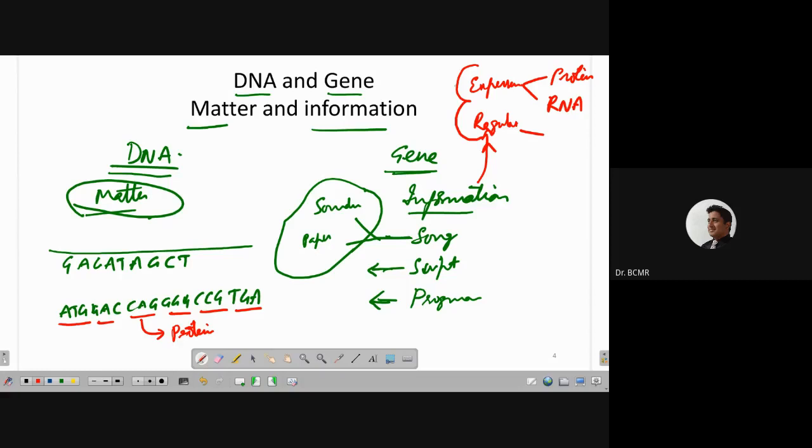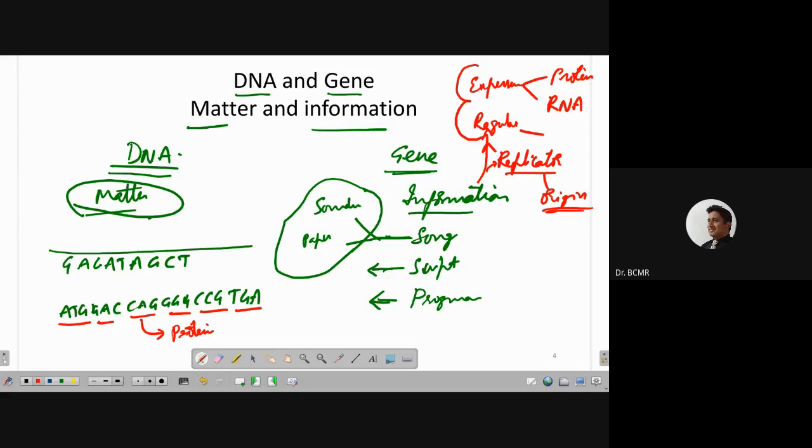And there is one more important part: all genetic information, all these genes should directly or indirectly be associated with a replicator. Right? What is a replicator? That is the origin of replication.